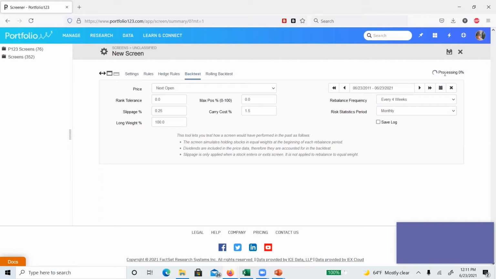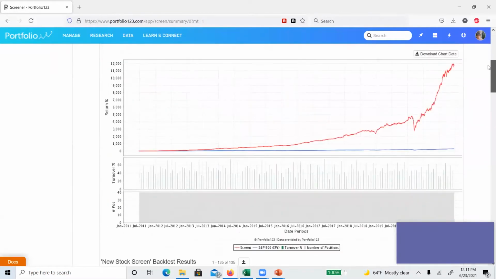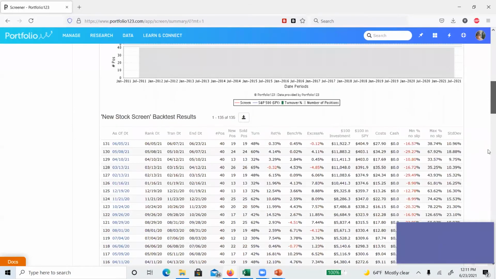Now, this will show us how this ranking system worked on the no over-the-counter universe, and then we can test it on other universes. You'll see that it tested pretty well, 61.29% per year, just kind of out of this world. You'll never get this in real life.